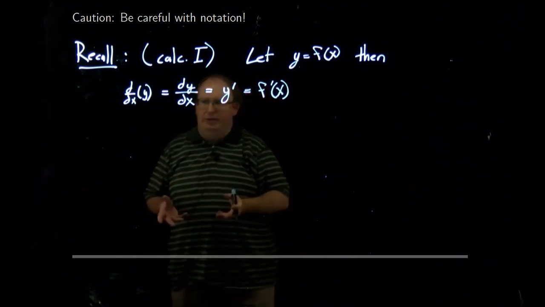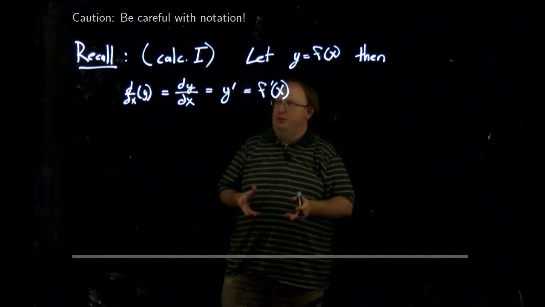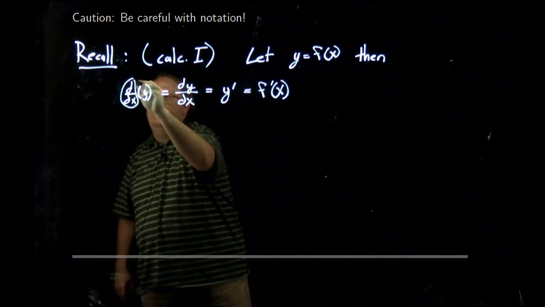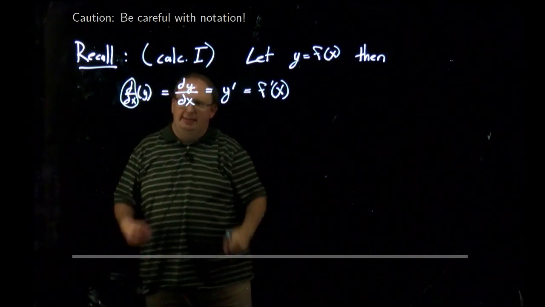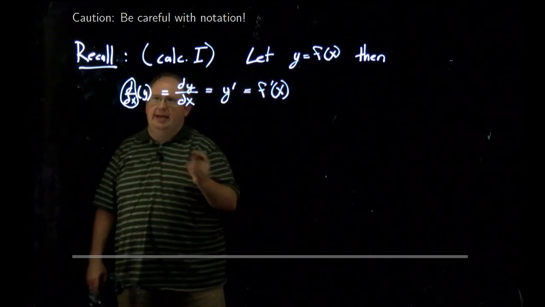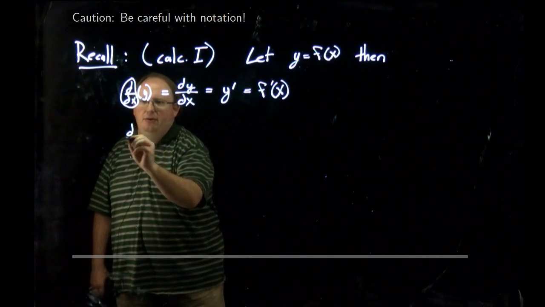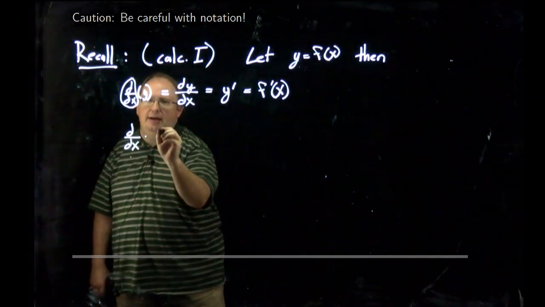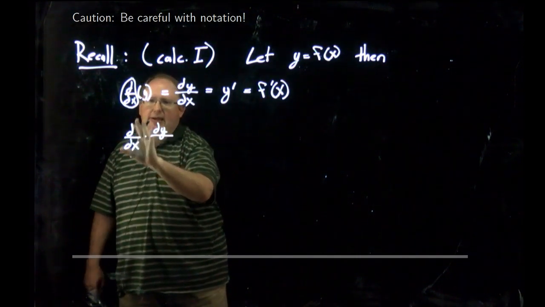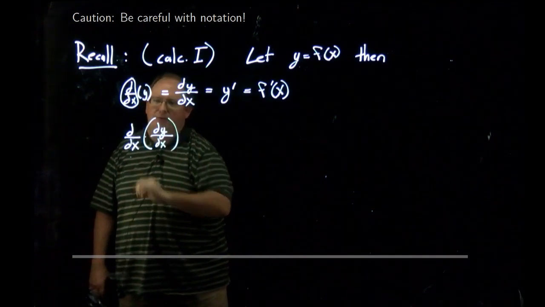Now, all these different notations will be used, but let me just make sure you understand how all this works. In the first one, we see that this is basically one token that says take the derivative with respect to x. So when you take the second derivative, that means you're going to have d over dx of, take the derivative of y with respect to x, and then take the derivative yet again.